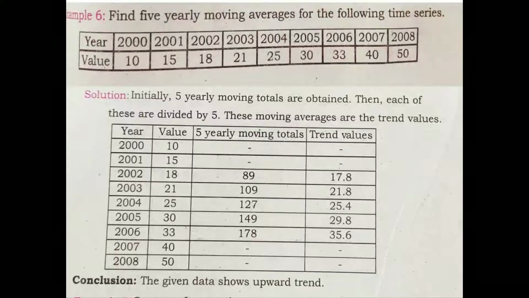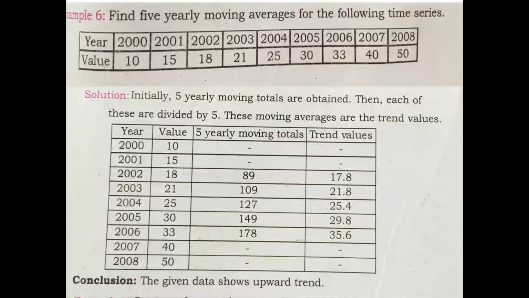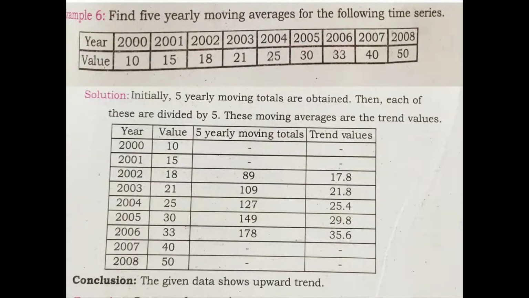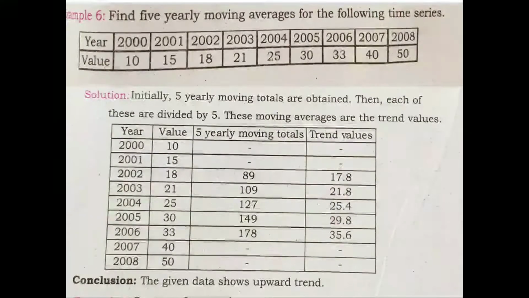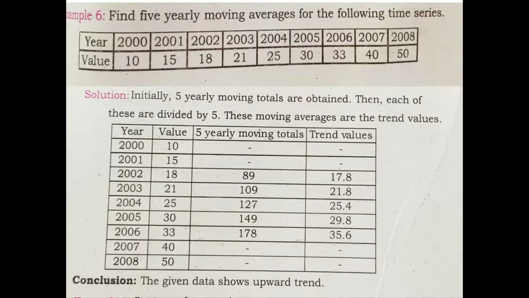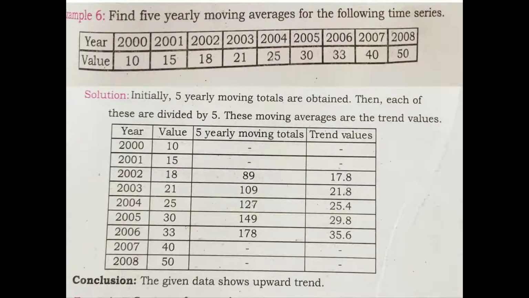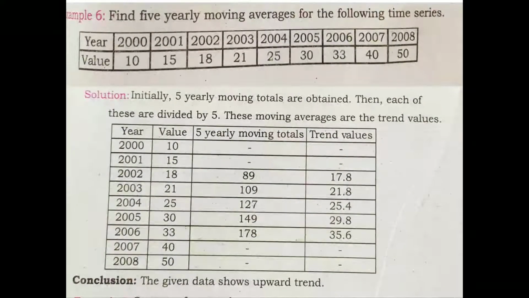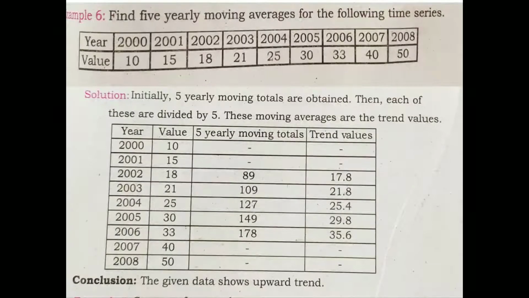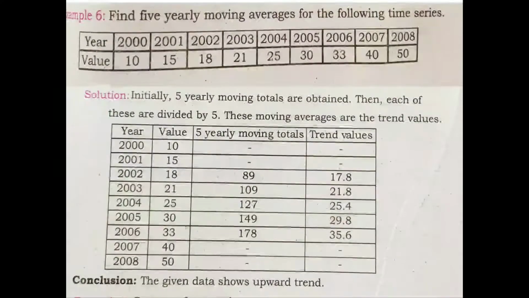Next, example 6. Find 5 yearly moving averages for the following time series. The year and value are given. First you calculate the 5 yearly moving totals: 10 plus 15 plus 18 plus 21 plus 25, the total will be 89.